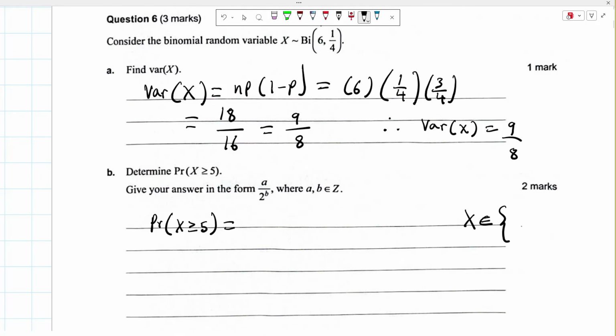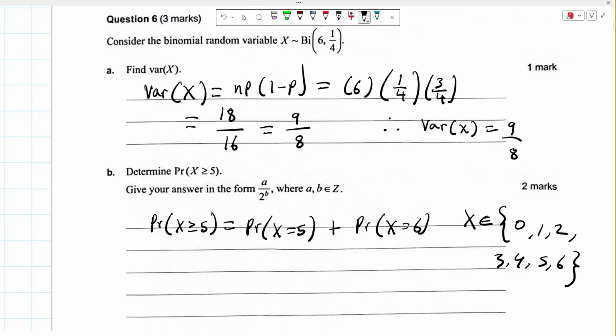There's only 6 trials, right? So 0, 1, 2, 3, 4, 5, 6. So if x has to be greater than or equal to 5, that means x can equal exactly 5, or x can equal exactly 6. So that's what we're trying to find.